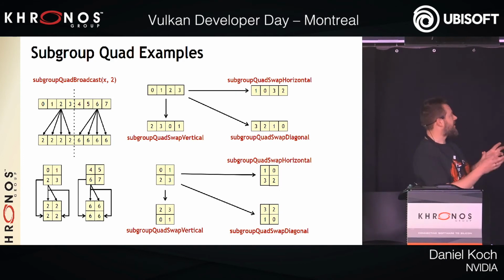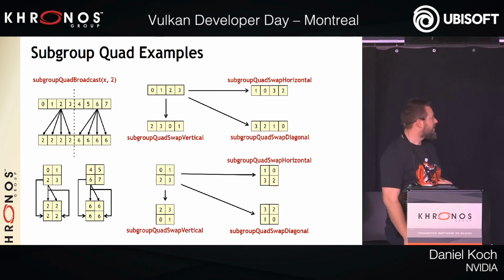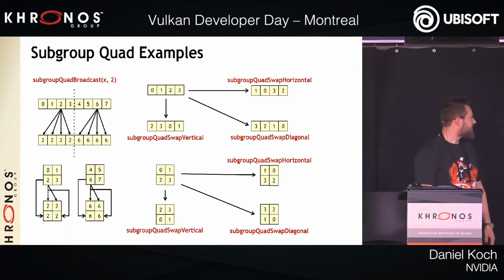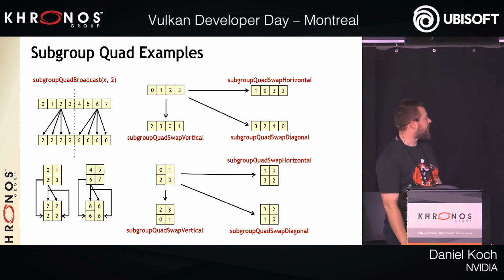There's no specific ordering that's implied, other than it's just 4 consecutive invocations. But the swapping follows the fixed pattern as if they were laid out in a quad. When you look at it this way, the horizontal, vertical, and diagonal swaps are basically exactly what you think they would be.